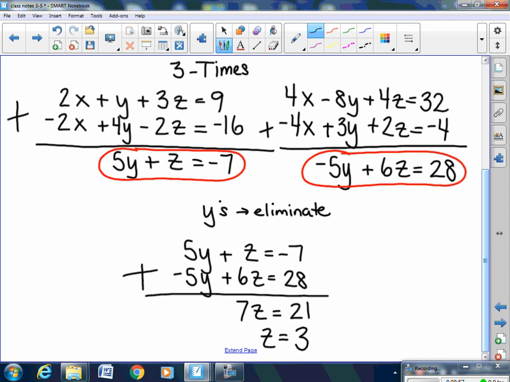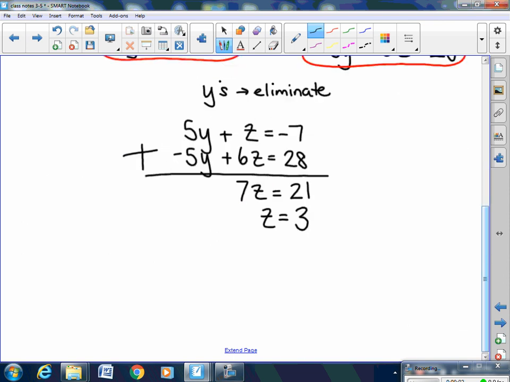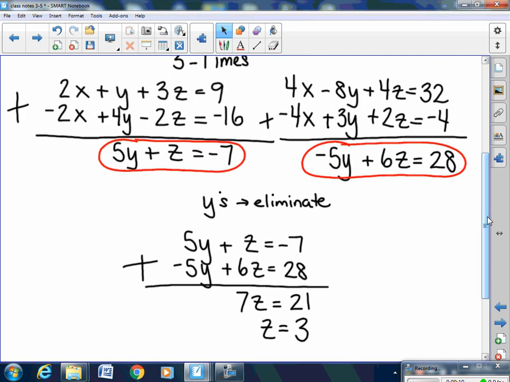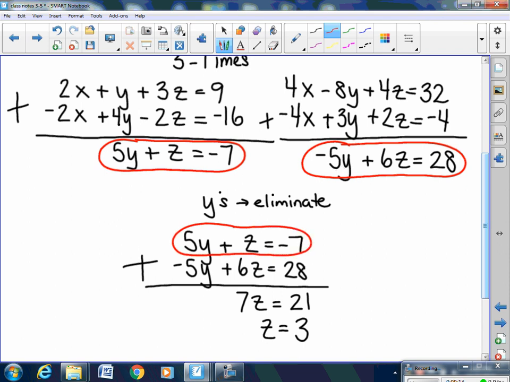But we're not done because we need to find the other letters, or variables. So I found the z equals 3, and it doesn't matter where I go into, but I need to go back up into one that only has one variable. I can go back up into this one, this one, or this one.